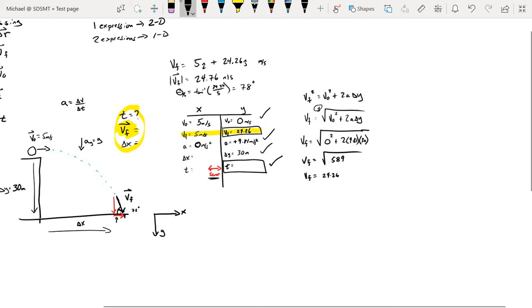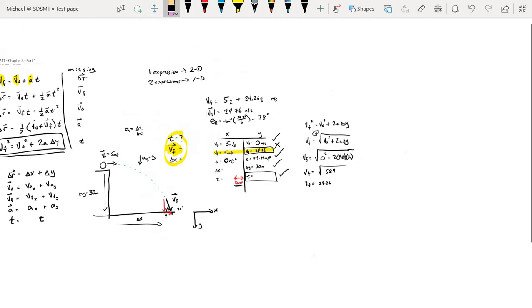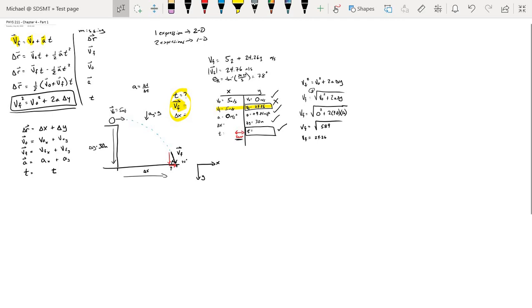We want the time. We don't really want to use any kind of calculated material unless we have no other choice. And so we need the equation from our kinematics that leaves out the final velocity. That's the second one. Again, we're only working with information in the y direction.